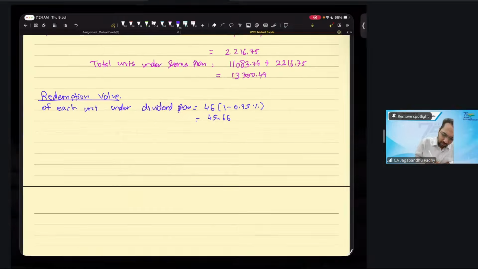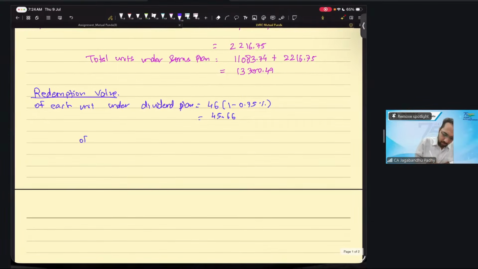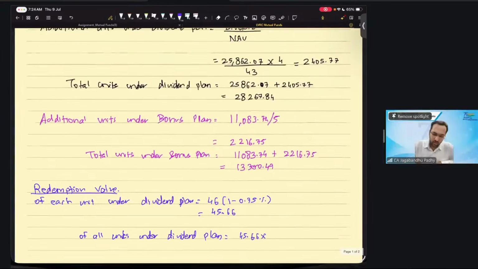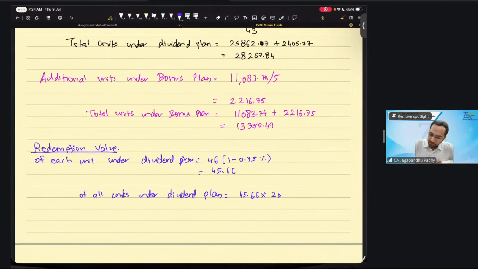And what's the redemption value of all units under the dividend plan? That's 45.66 into the total units that we have, 28,267.84.